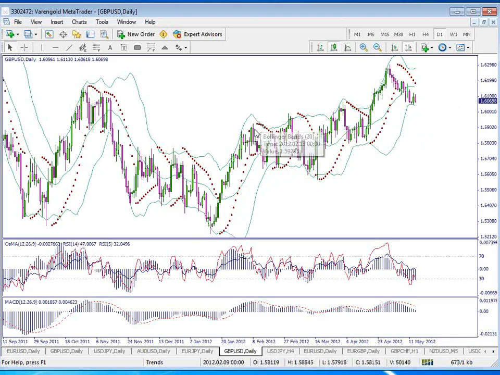The first impulse was stronger, and after that we have one period of consolidation, one period when the market just swung within those levels. And after that, the market just continued the uptrend. So I have an idea of what is happening in the market.